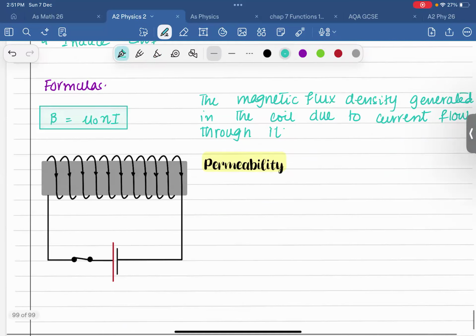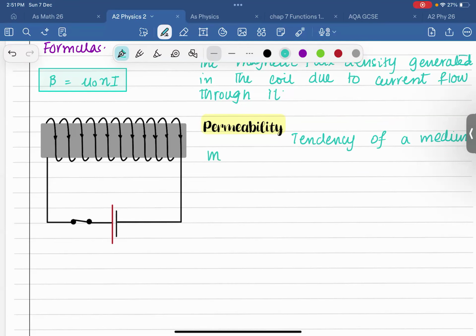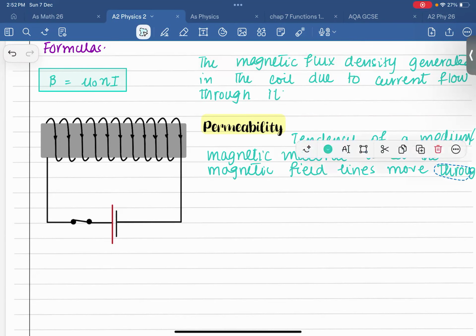It is basically the tendency of a medium, or better to say a magnetic material, to let the magnetic field lines move through it. So this is basically the permeability.